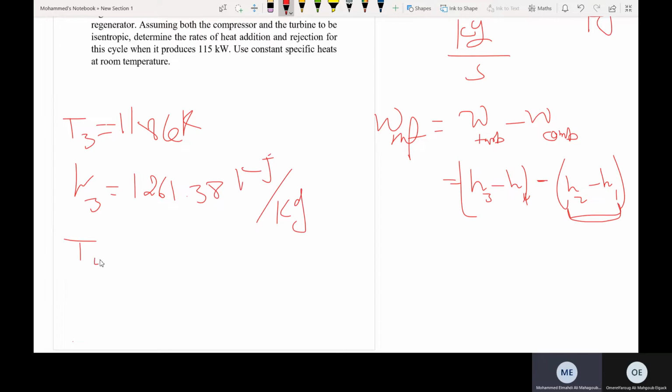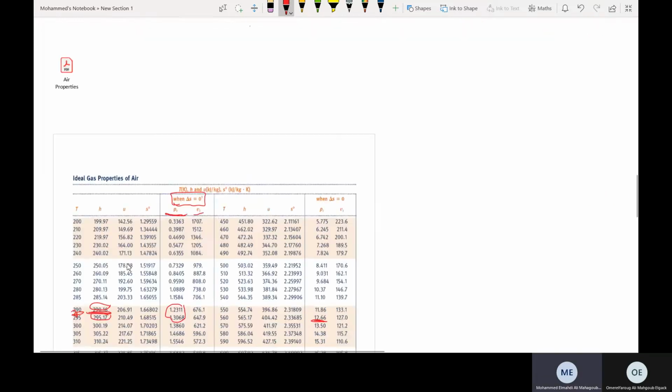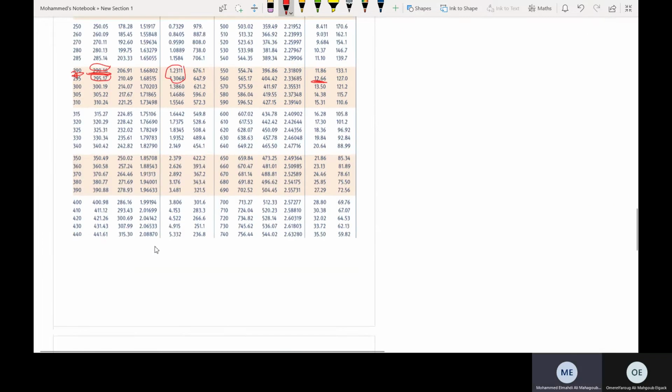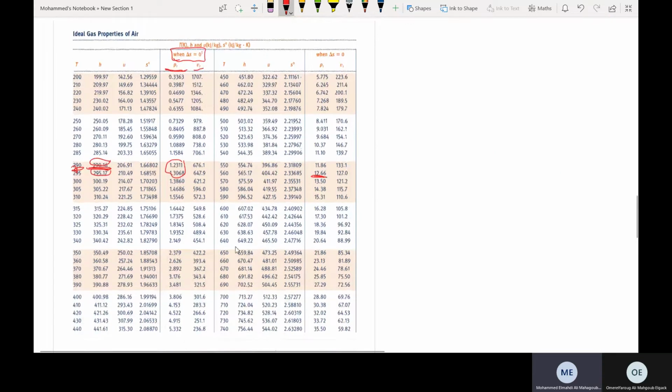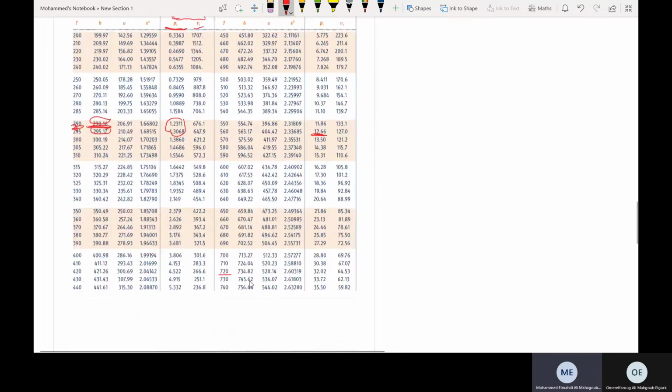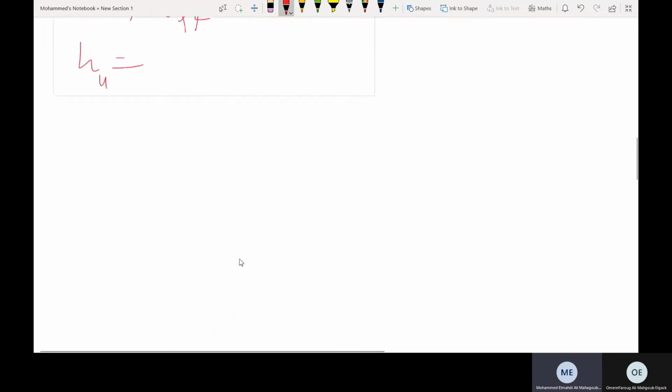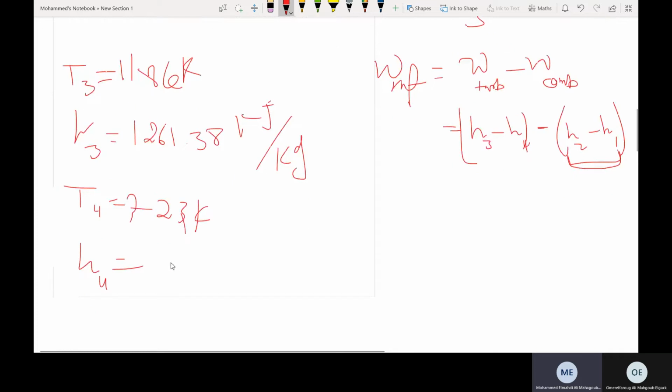And temperature 4, which was equal to 723 kelvins, our H4 will be equal to, it's here, after I've done the interpolation again, 738.061 kilojoules per kilogram.